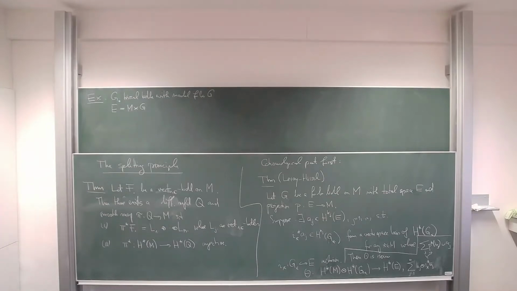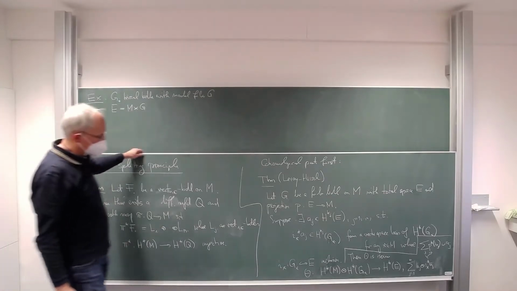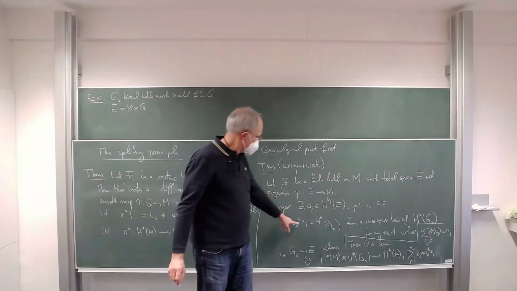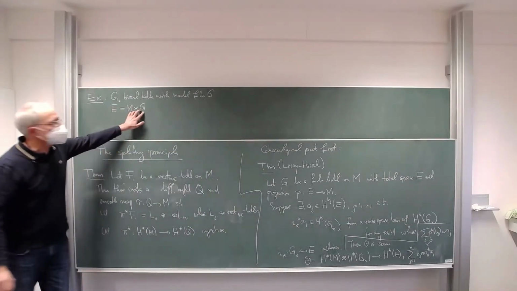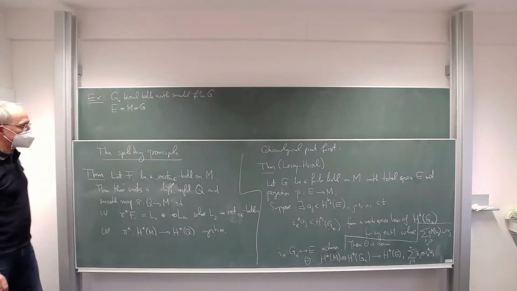Let's see if we can check the assumption of the theorem. We need to get these AJs, which are cohomology classes on this product. How can we do that?